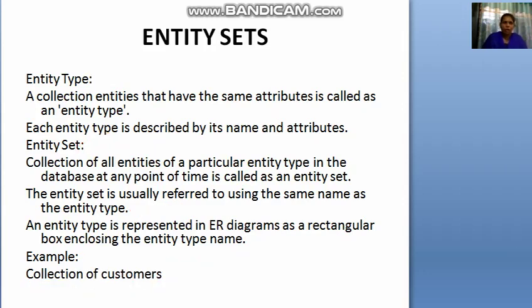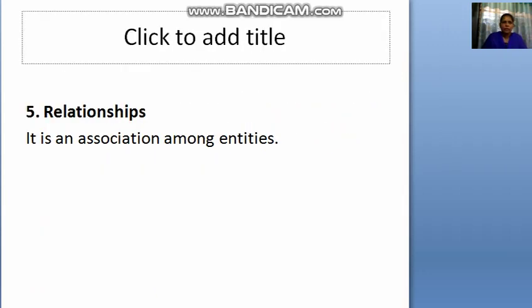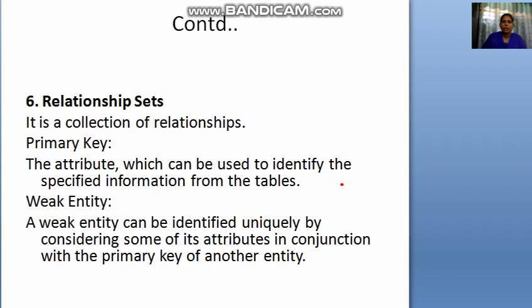Now the relationship. A relationship is an association among entities. When we correlate a single entity or entity set with another entity set, it is known as a relationship. A relationship set is a collection of relationships.